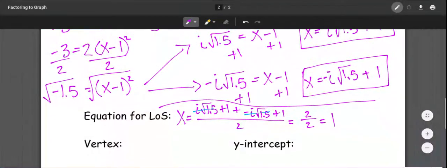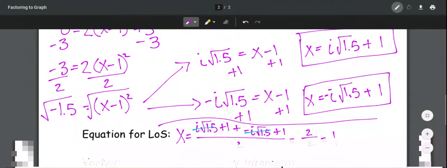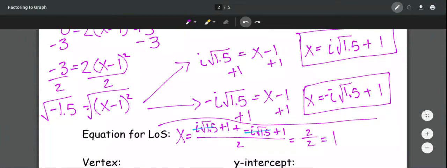So do it again. When you get a negative under the square root, remember the i. The i stays i. You don't need to simplify. So your x-intercepts are just i square root of 1.5 plus 1, negative i square root of 1.5 plus 1.